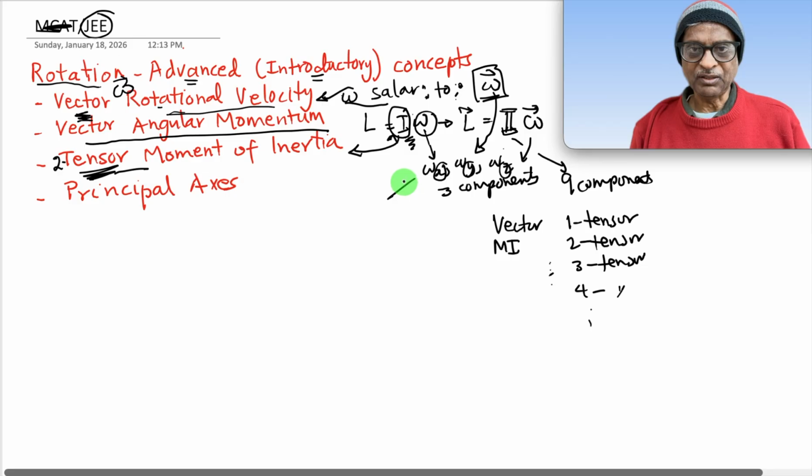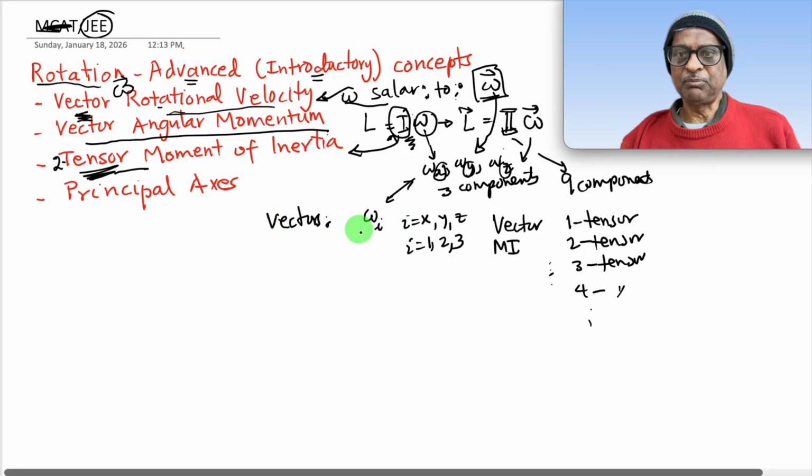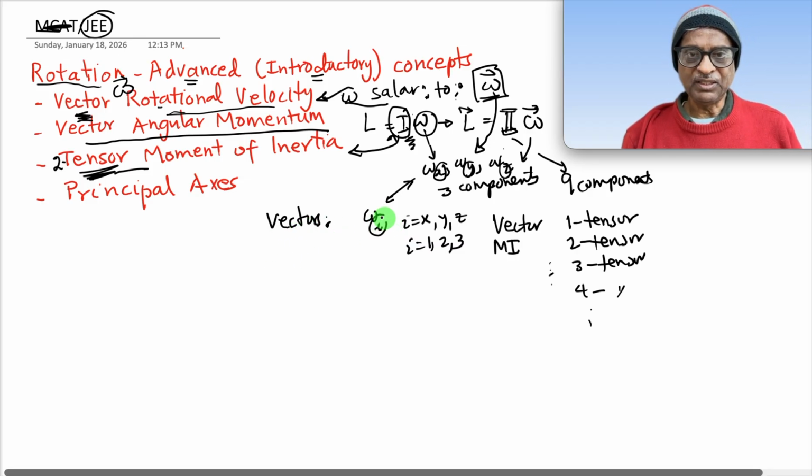In general I need a little better language, so I'm going to say omega i, and i can take x or y or z, or you can say i is 1 for x, 2 for y, 3 for z. So a vector can be written in component form that way. There's only one index needed.